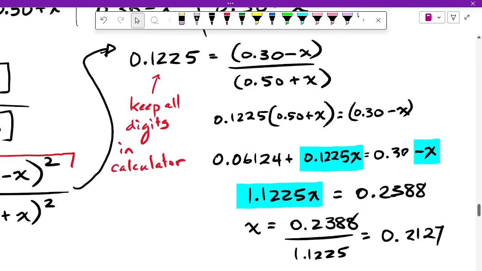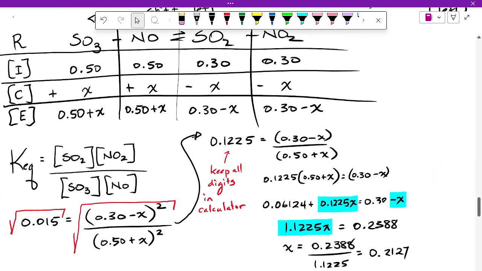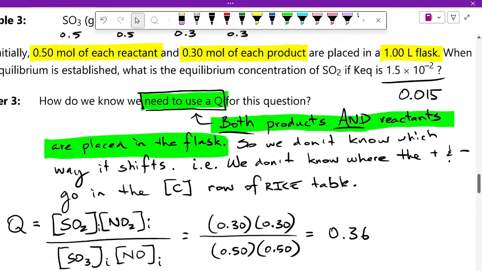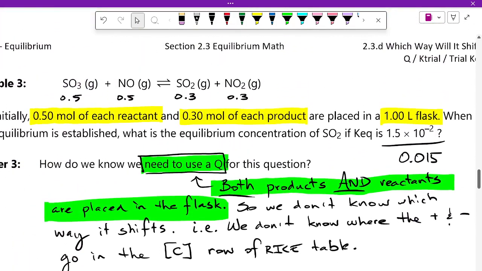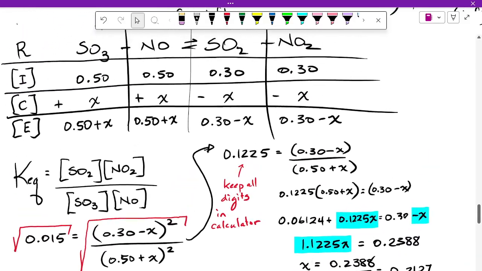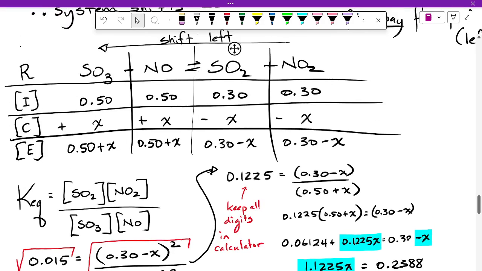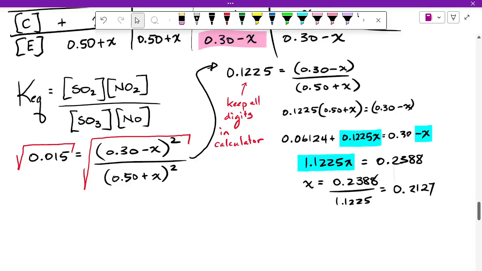Any questions on what I did there? No, we're good? Okay. And then we have to say, did we want x or did we want something else? So what were we asked for? Concentration of SO2 at equilibrium. SO2 is 0.30 minus x.